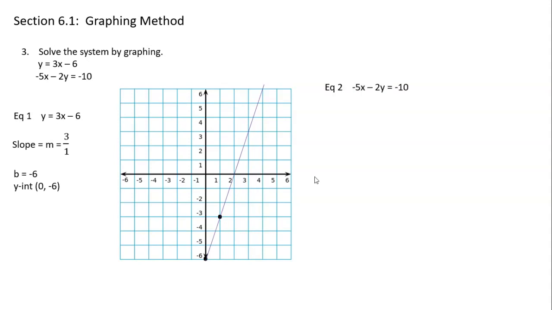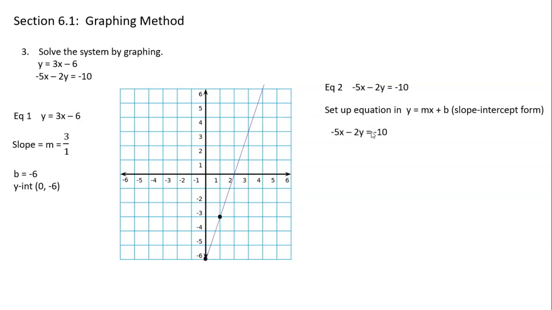Let's do the same thing for equation 2, but equation 2, they gave it to us in general form. So what I would do first is convert this into slope-intercept form so we can graph the same way we did the first equation. All right, so y is equal to mx plus b, which is my slope-intercept form, and all I have to do is solve for y.